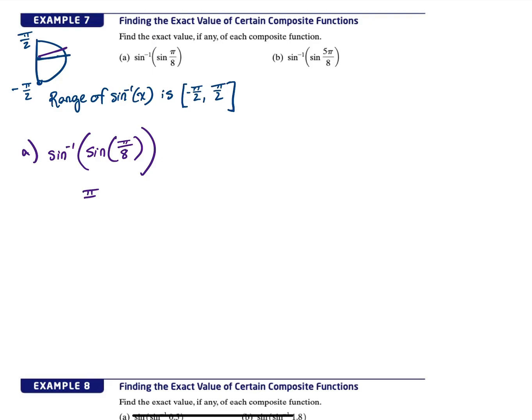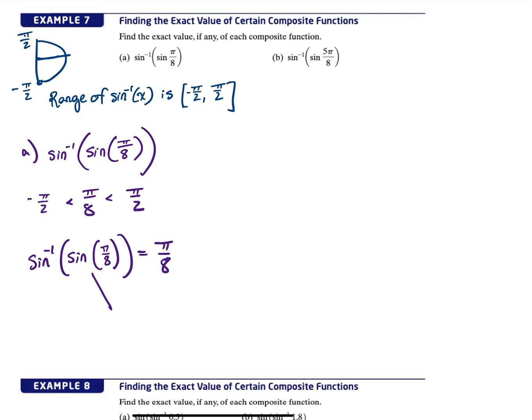So it's somewhere up there in the first quadrant. So it's definitely in between negative pi over 2 and positive pi over 2. So that means that these are just going to undo each other. I can say the inverse sine of the sine of pi over 8 should just equal pi over 8.